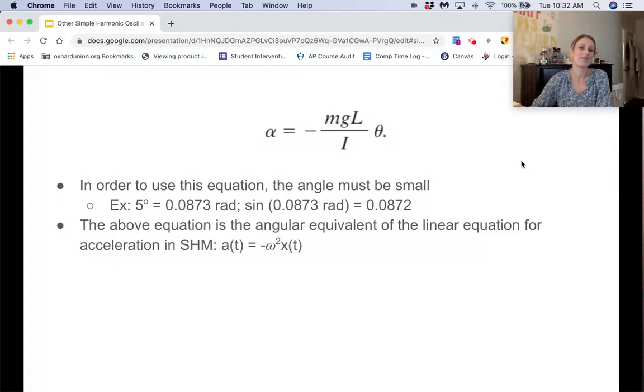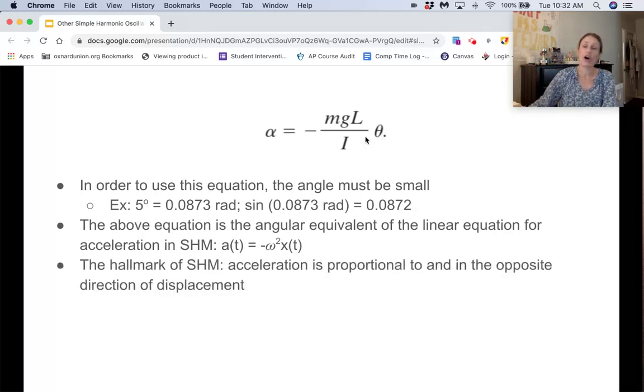So the above equation is basically our angular equivalent to the linear equation that we talked about last time, which was our acceleration is equal to the negative omega squared times our position, where this right here is our omega squared, and then this right here is whatever position we're in away from equilibrium.